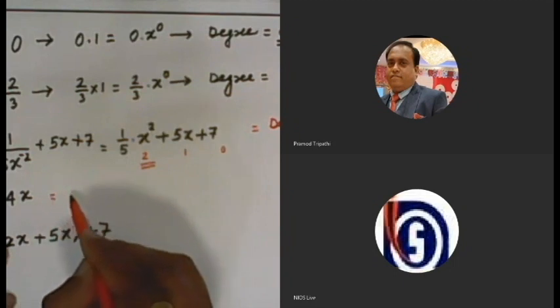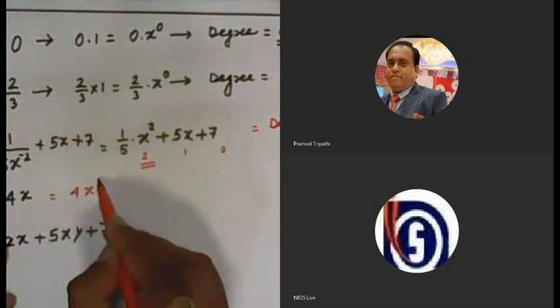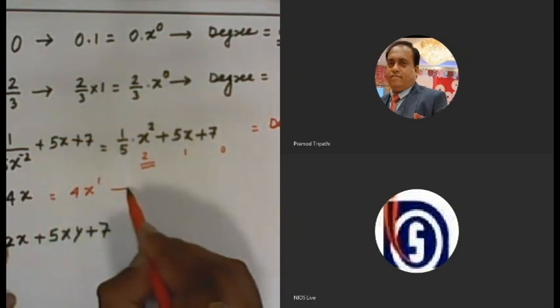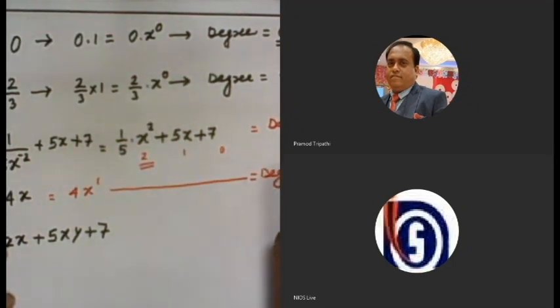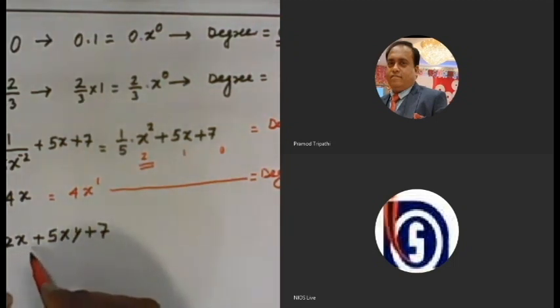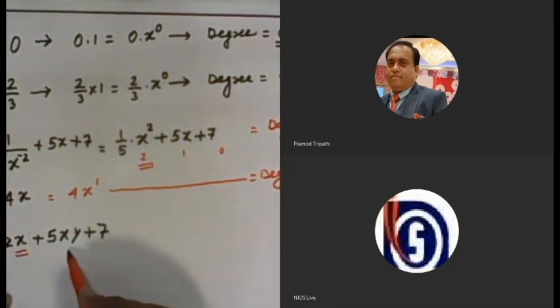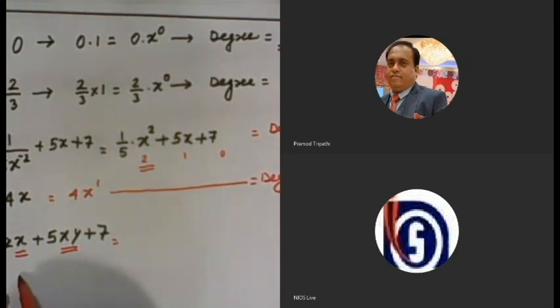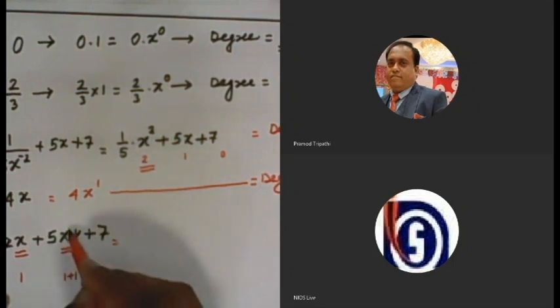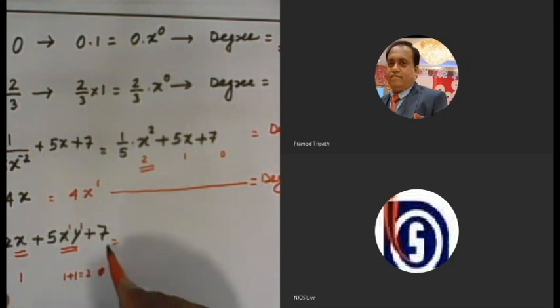And what about the 4x? 4 into x is to the power 1, so the degree is 1 here. And in the case of this, x to the power 1 plus x to the power 1, it is 2 here, and its degree is 0 here.